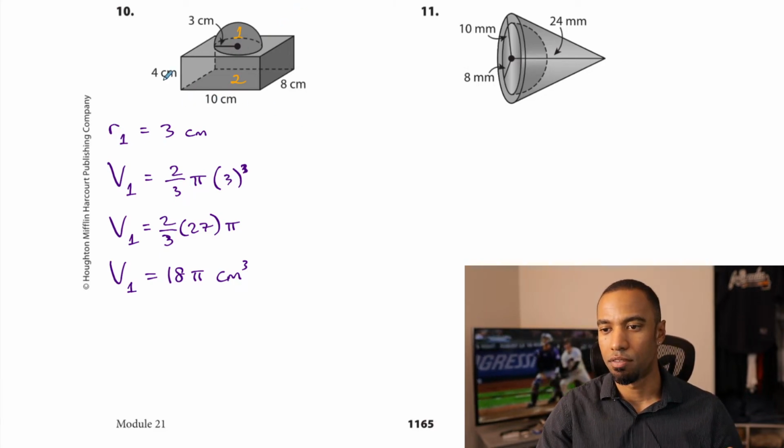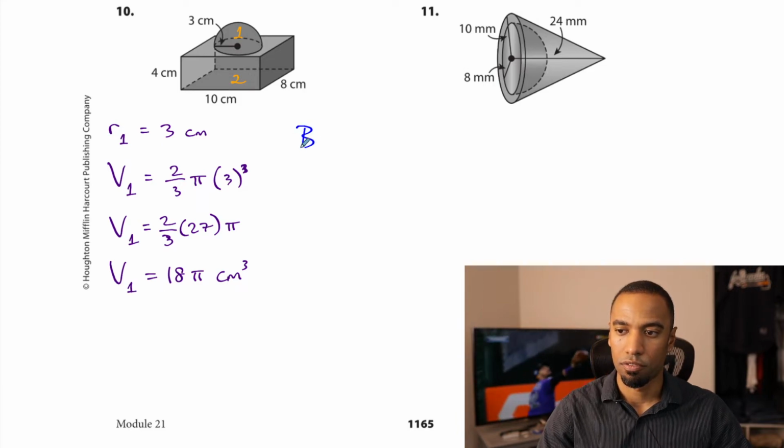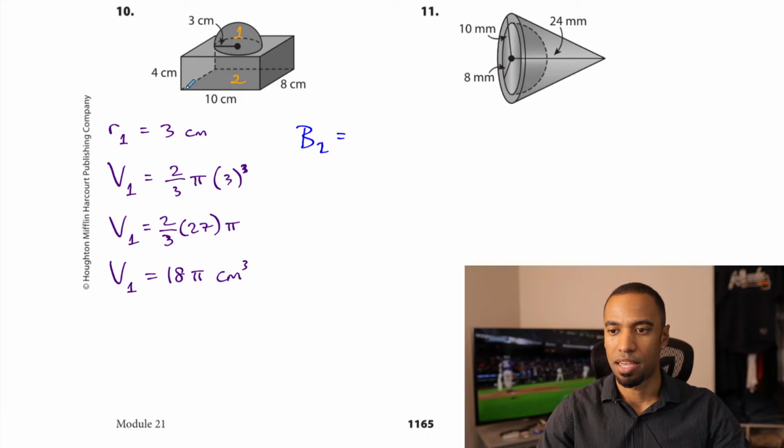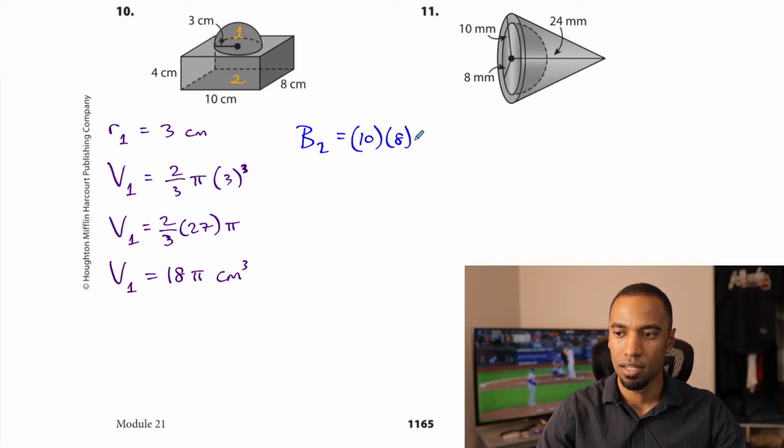For the volume of the rectangular prism here, we first come up with the area of the base. The area of the base, I'll do 10 times 8. That's 80. And then the height of this one is 4 centimeters.